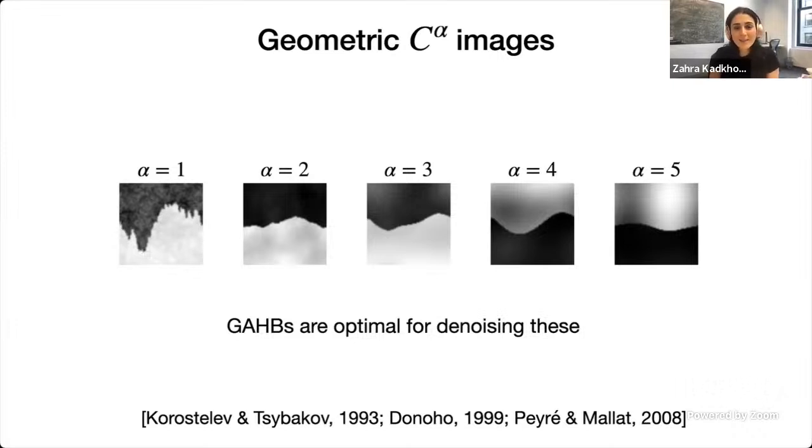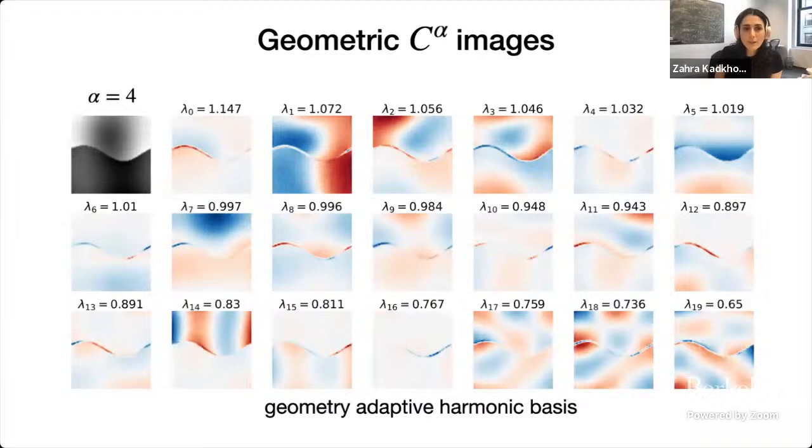Now let's look at the deep neural network denoiser from a diffusion model. So here we trained a deep neural network on C alpha images for denoising. And I'm showing an eigen analysis of an example test C alpha image.